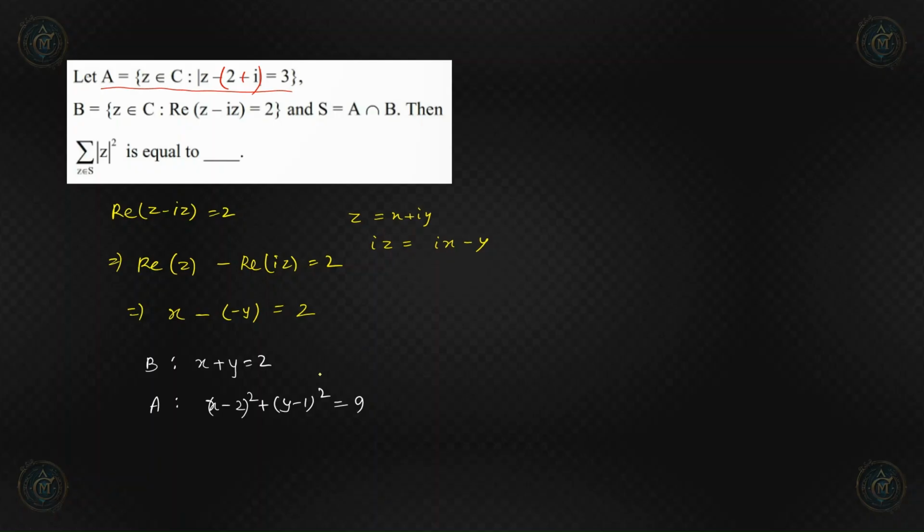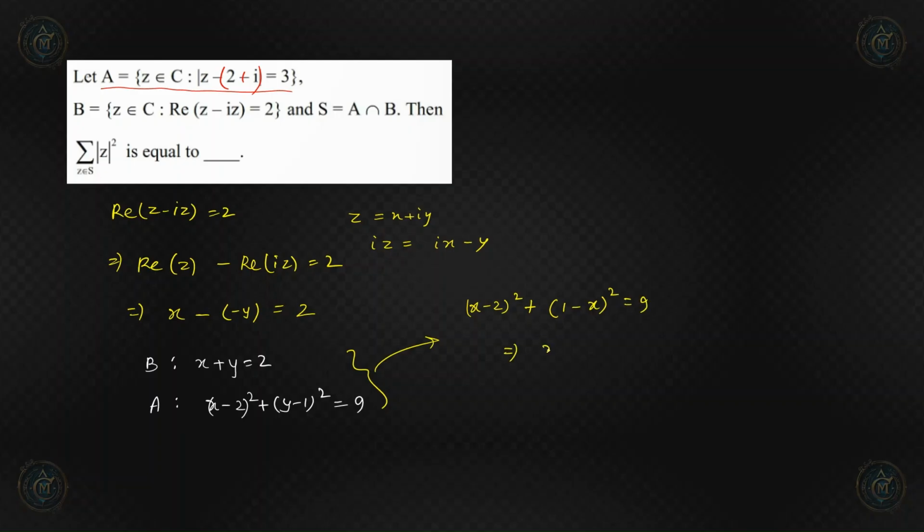So we can solve these two equations to find the corresponding values of x and y, so that we can find the corresponding z. We can substitute the value of y from here, y equal to 2 minus x. If we consider these two equations, we get (x minus 2) whole square plus (2 minus x minus 1, that is 1 minus x) whole square equal to 9.